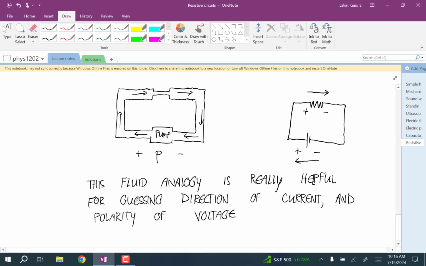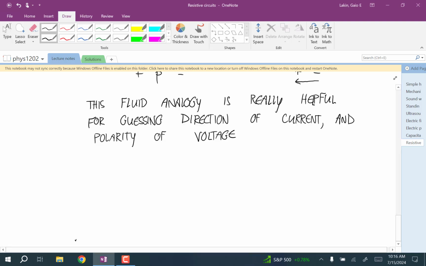So now we're just about ready to start solving circuits. And there are three equations that we're going to use in solving circuits. The first one is called Ohm's law.